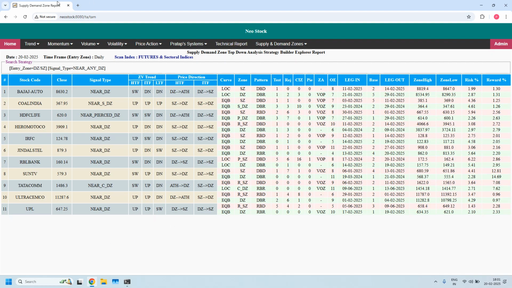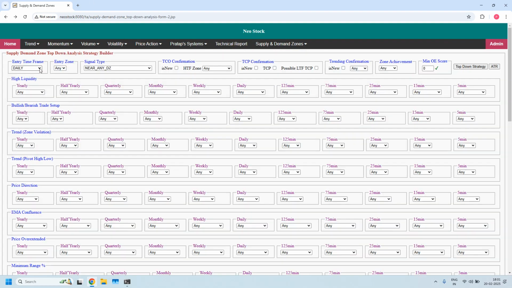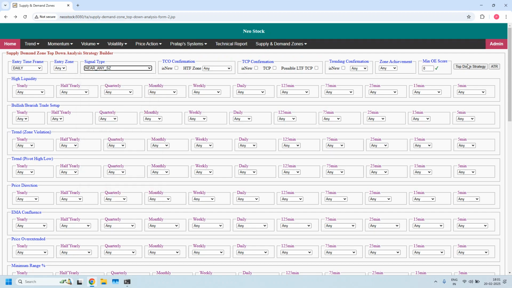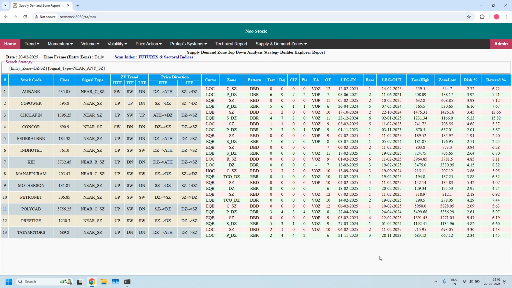Okay, anyway, next, for daily time frame, let us find the stocks where stock price is near the daily supply zone. We got 13 stocks. Let us identify high liquidity daily supply zones from this list. AU Bank is having a high liquidity zone.